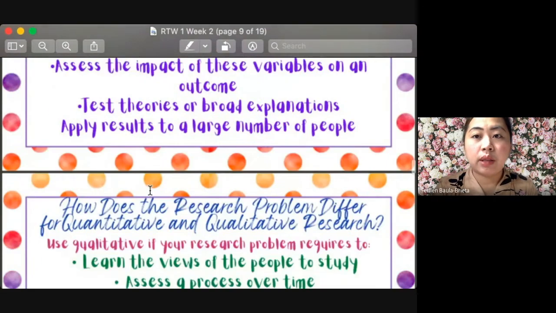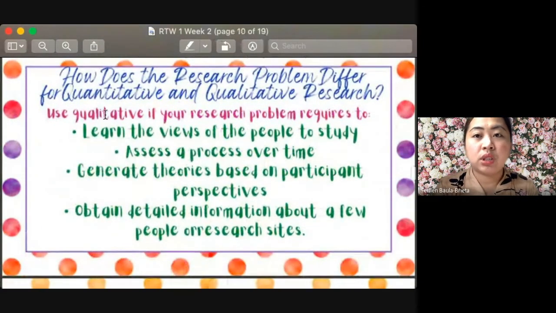Or you might want to have research questions in qualitative manner, where you are going to ask questions that are answerable by views. You will ask questions that are answerable by the respondents according to their experiences in life. Okay, so you have two types of research questions.